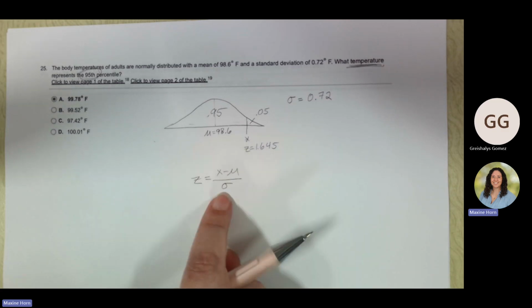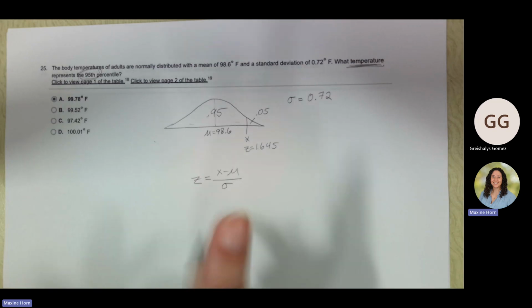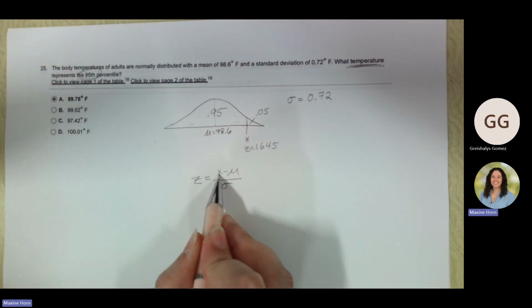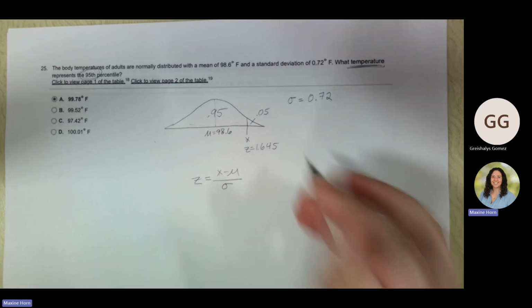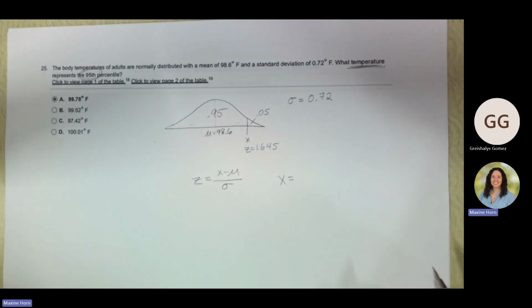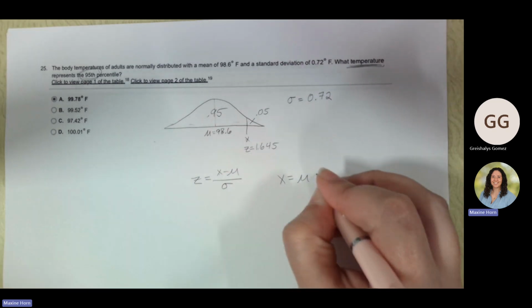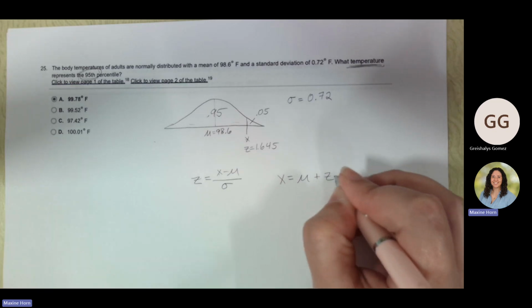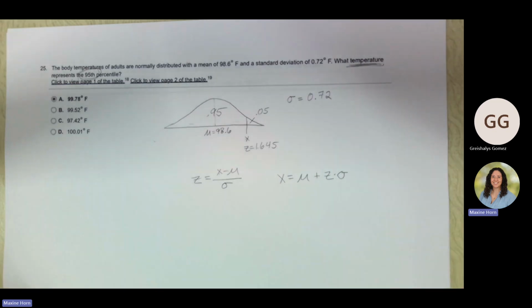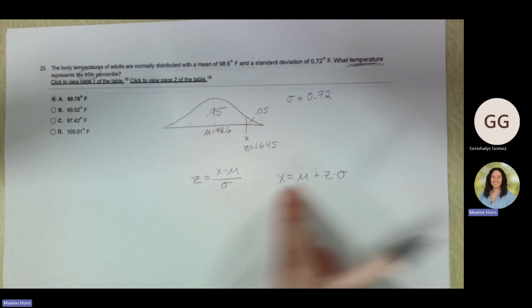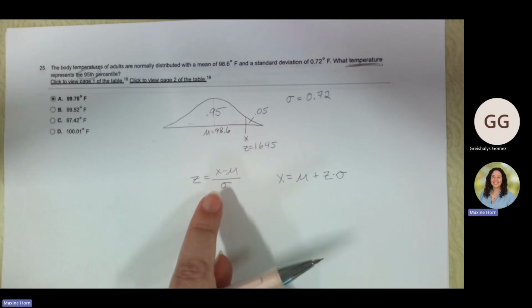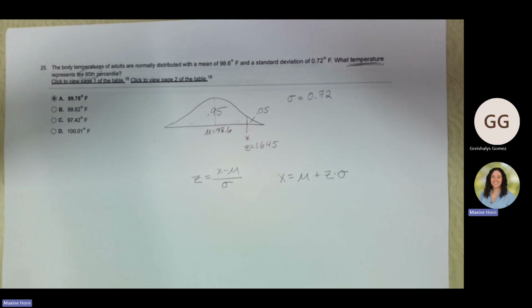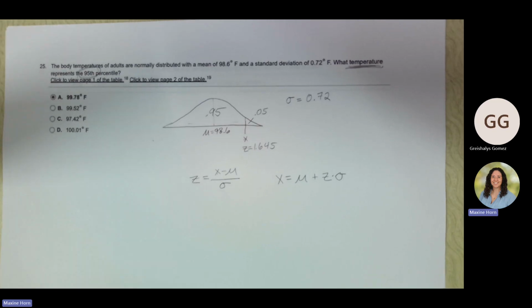You can either plug your values into this and then isolate your x, or you can memorize that if you were to rearrange these to get x equals, it would give you mean plus z-score times standard deviation. So you can either memorize this, or you can be good enough at your algebraic rules to just plug in here. We'll do it both ways just so that you can see.